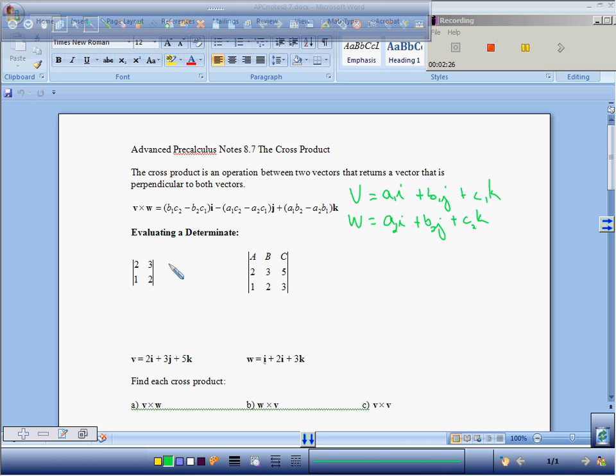If you have a little determinant like that, does anyone know how to do that? The value of this, all you do is multiply on the diagonal, and then you subtract.